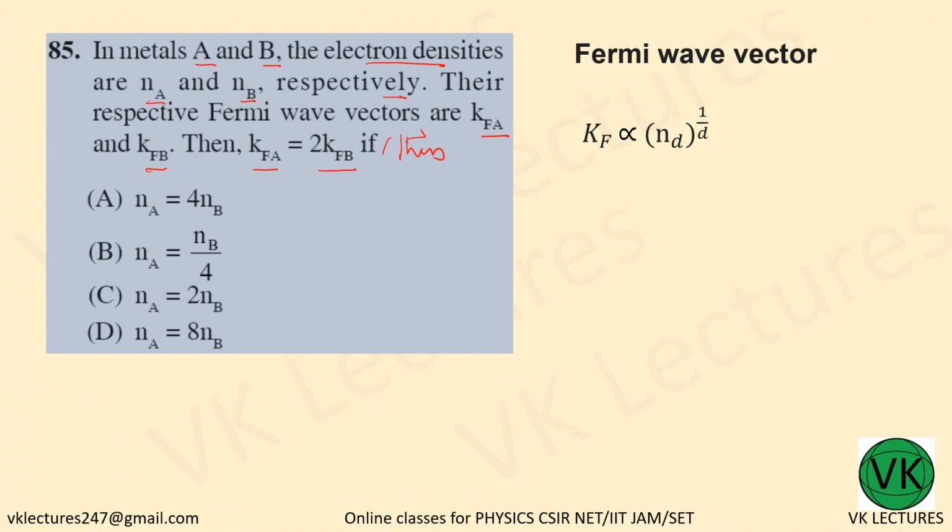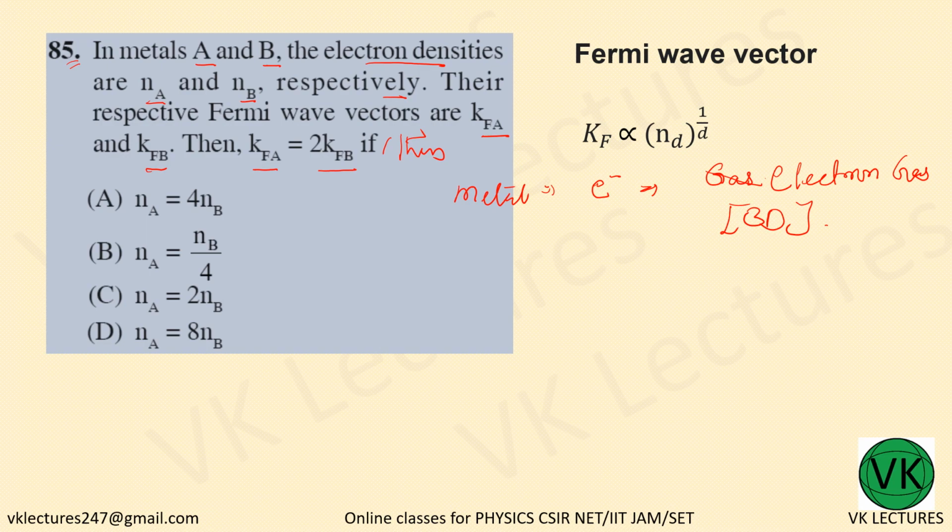Now since this is a metal, you can see there are electrons, so we can consider it as a gas of electrons, or electron gas, which is in 3 dimensions.